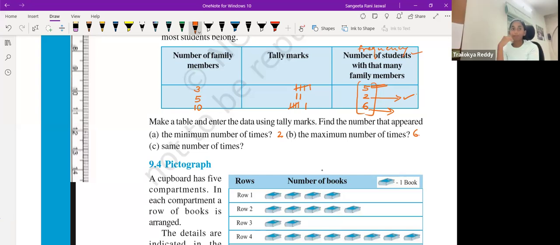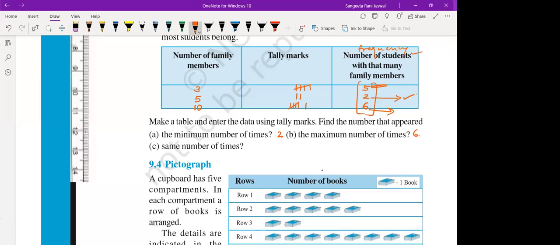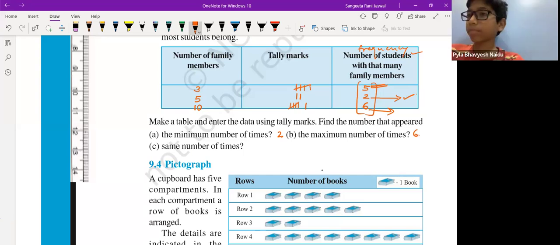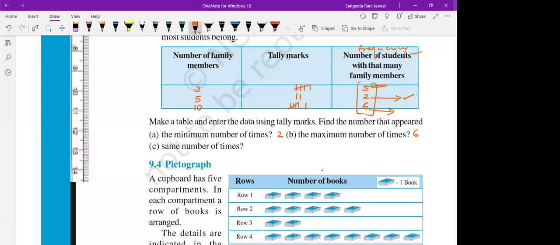I hope everyone is understanding. Any child has a doubt here? See, once you understand the concept, you will be able to make any kind of graph, not only pictograph, not only tally marks, but even the graphs in your senior classes. If you understand what is frequency, what is grouped data, what is ungrouped data.